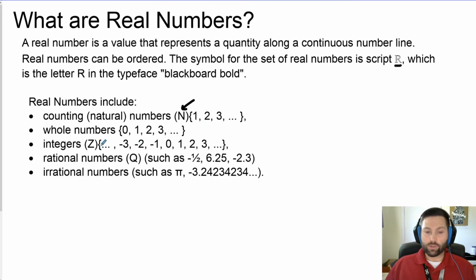The integers, which use a Z to indicate that set of numbers. The rational numbers, Q, numbers like -0.5 and 6.25, or irrational numbers, pi, -3.24234234, etc.